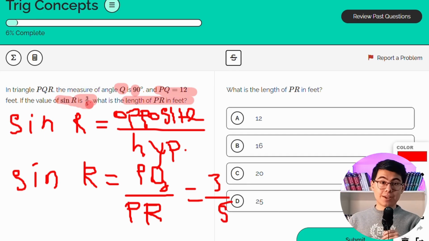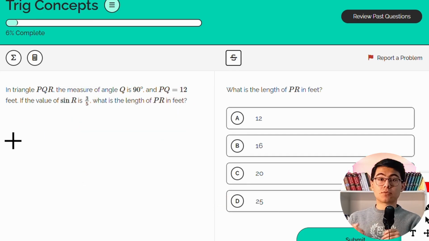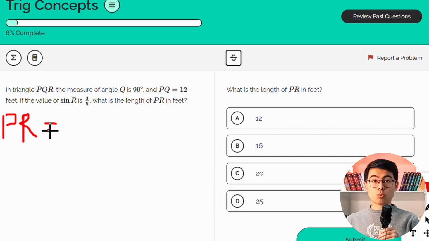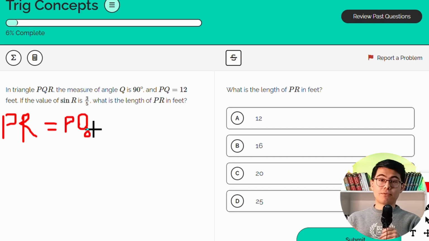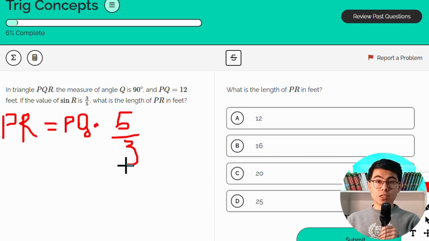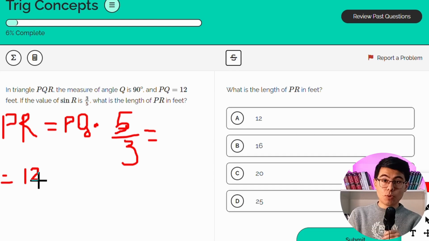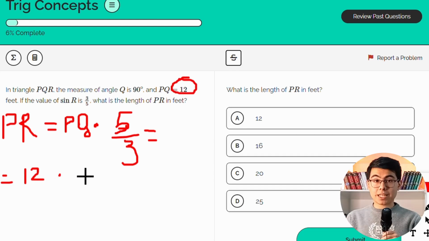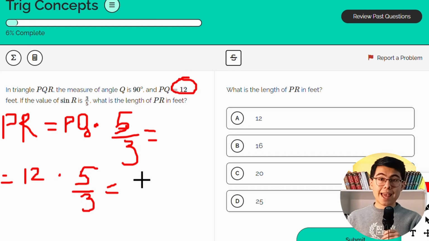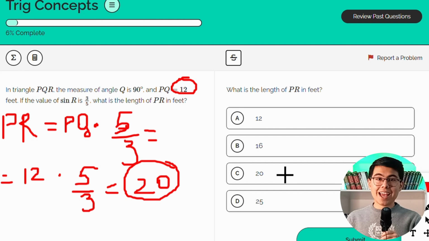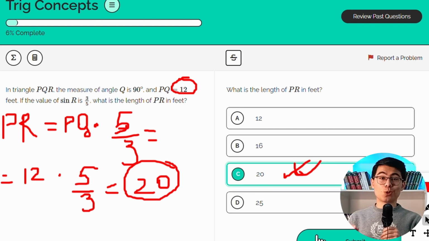And that's going to give us 3 over 5. And from here, PR equals PQ multiplied by 5 over 3. And from here, because PQ is 12, you're gonna multiply it by 5 over 3, and that's gonna give us 20. And the final answer is choice C.